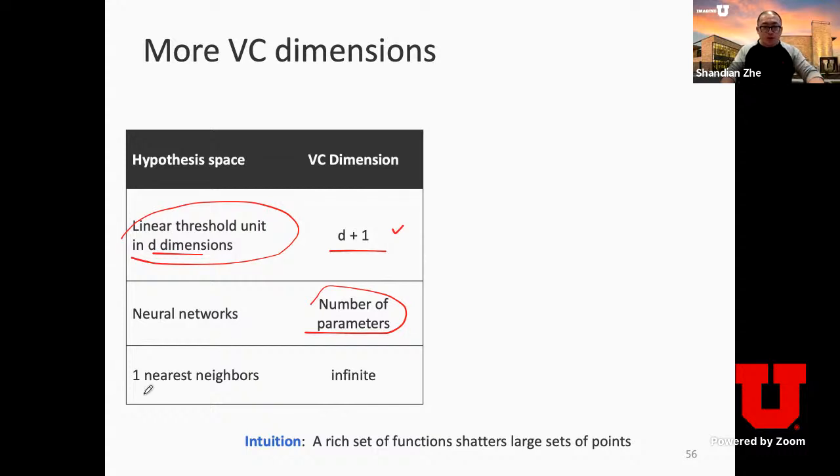But there's one interesting classifier called one nearest neighbor. Its VC dimension is actually infinite, meaning that we can find any large finite subset of data points that can be shattered by a one nearest neighbor classifier.